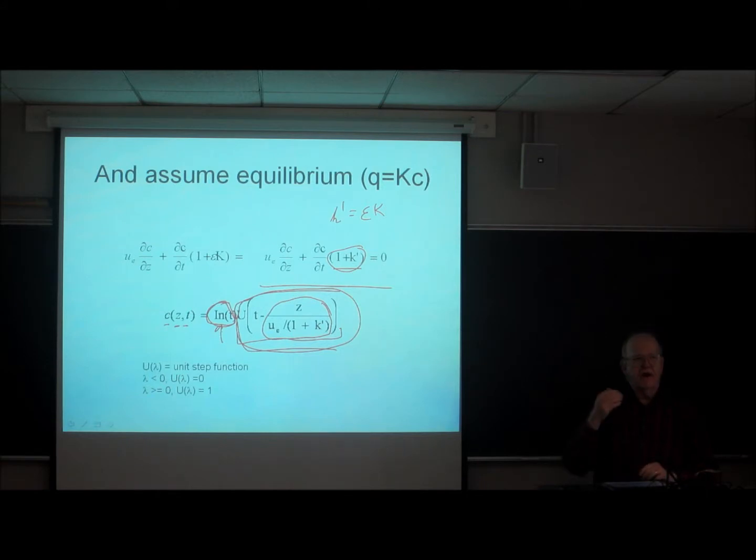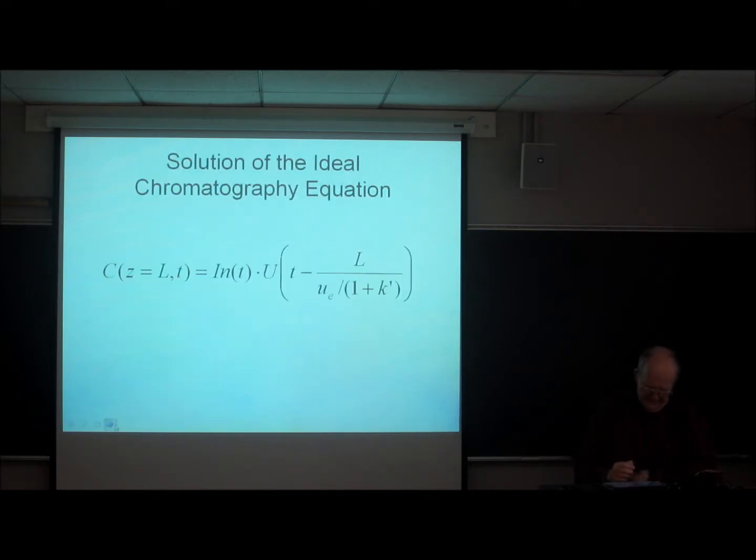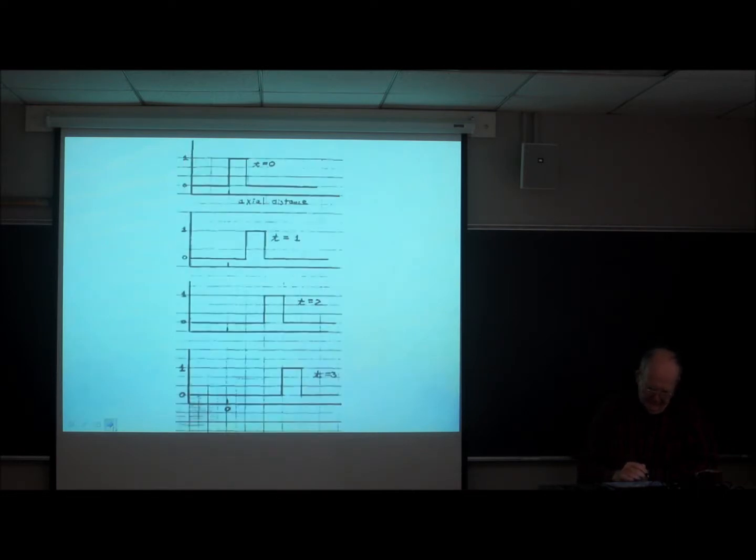So what this says is you have to define the input function to the column. And once you know the input function, you can just move it through the column. Now, I'm going to take the simplest case, which is a pulse function. So we're going to assume that this is a rectangular pulse. Here's what happens. This is the concentration. This is axial distance.